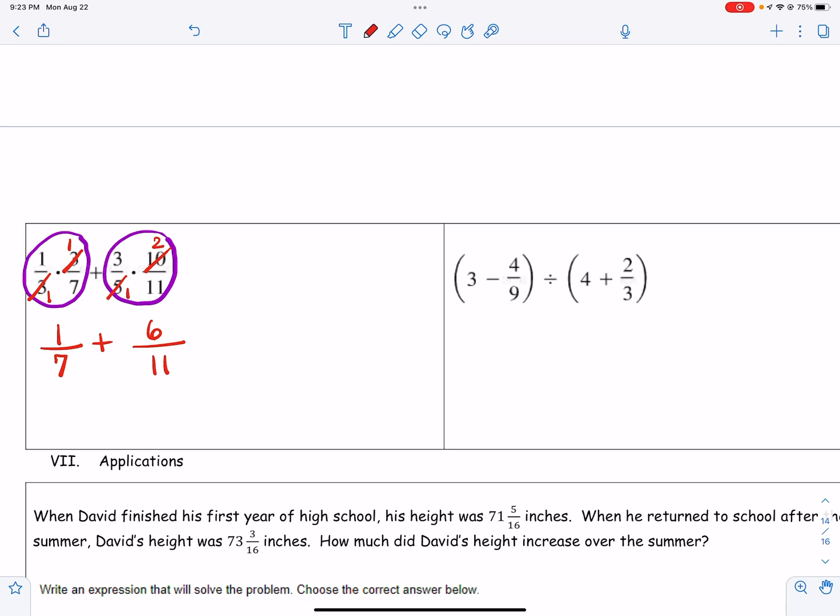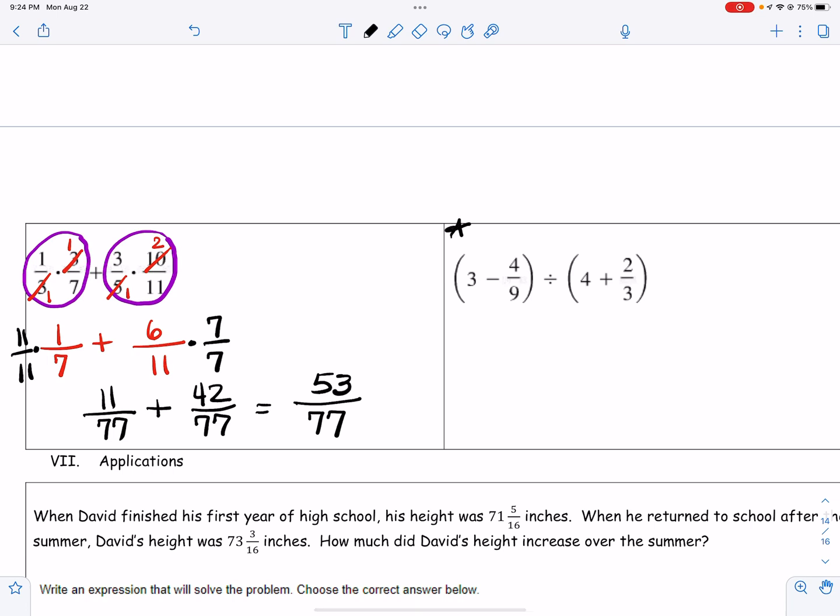So my common denominator is going to be 77. So I'm going to multiply by 11/11 and 7/7. So I get 11/77 plus 42/77. And that gives me the denominator of 77, and 42 plus 11 is 53.